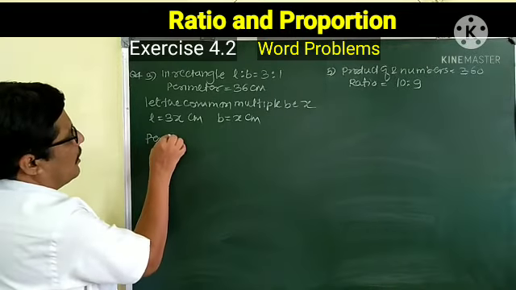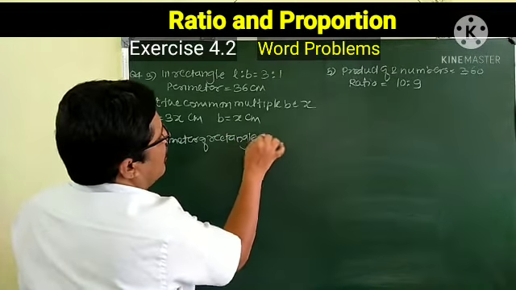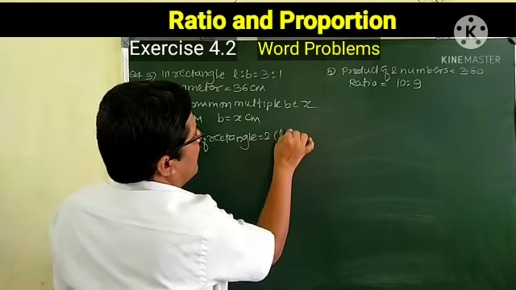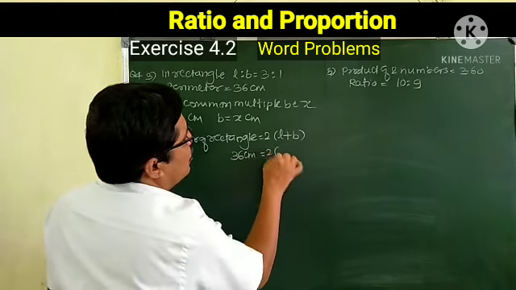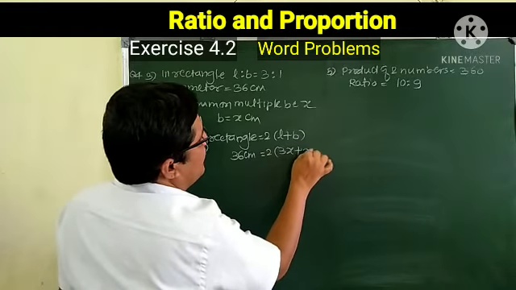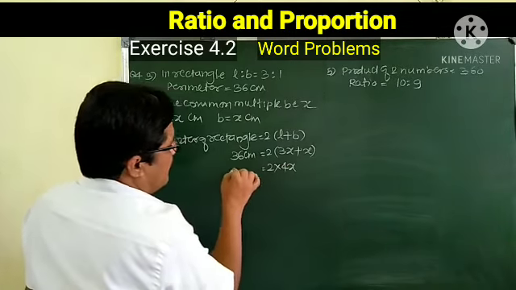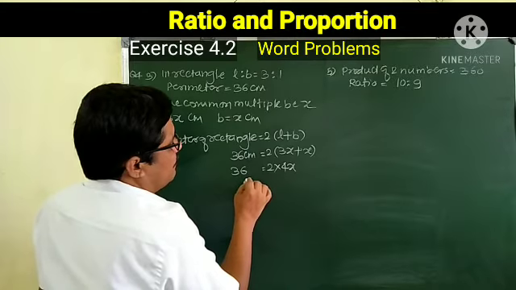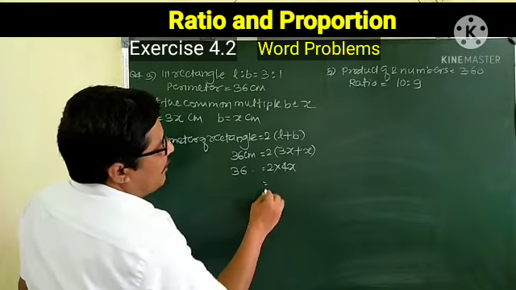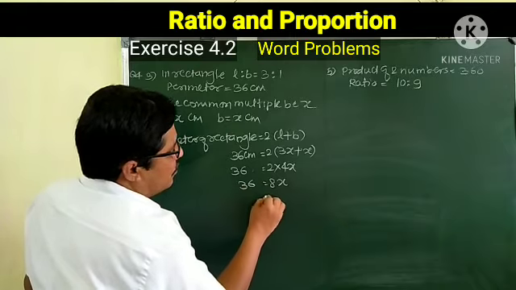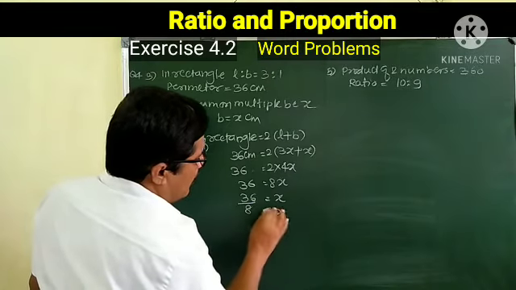Then perimeter formula, perimeter of rectangle is equal to 2 in bracket L plus B. So 36 centimeter is equal to 2 in bracket L plus B. So 2 multiplied by (3x plus x), 4x, 36 is equal to 2 multiplied by 4x. 8x is equal to 36. x is equal to 36 upon 8.